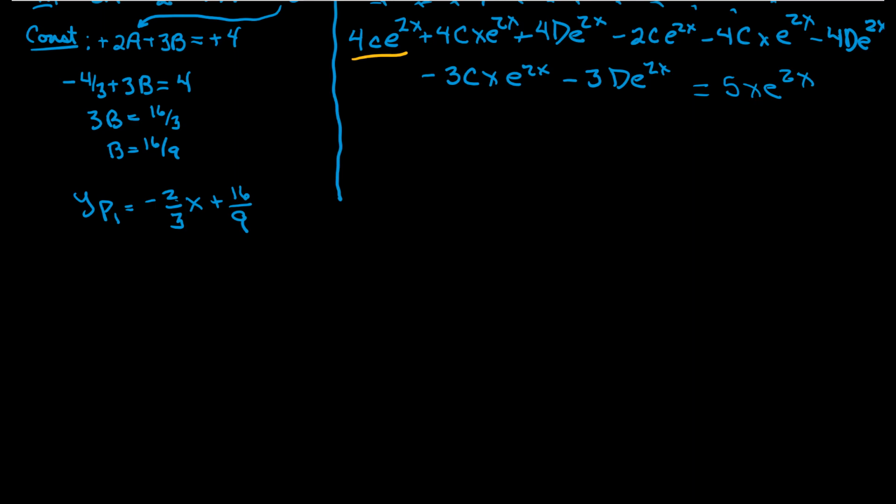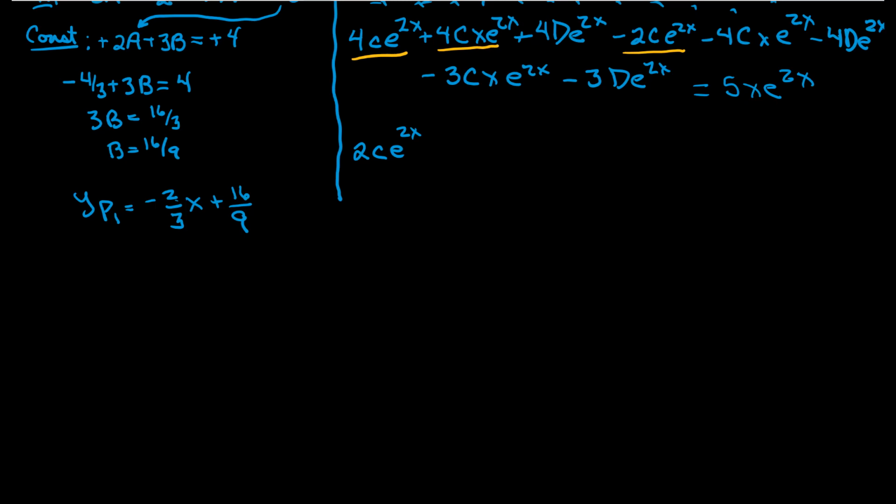So I have 4 of them, here's minus 2 of them, and that's it. So the 4 of them minus the 2 of them is going to give 2c e to the 2x. The next thing I'm going to go after is the c times x terms.